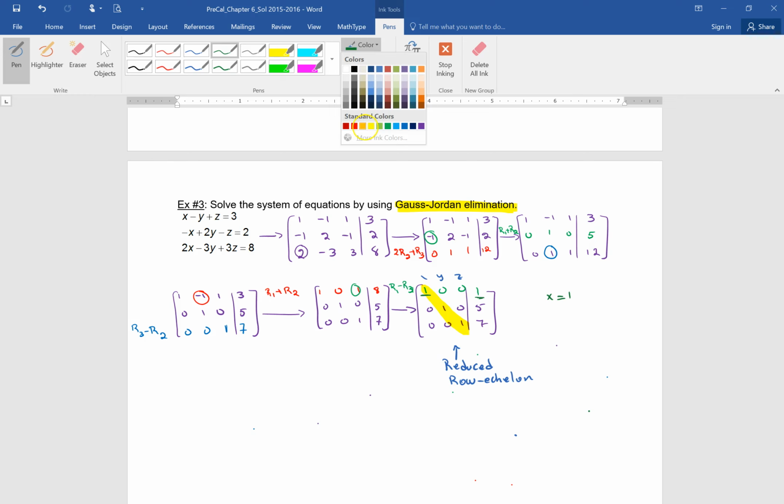Yes? Y is equal to what? 5. And what's Z equal to? 7. And of course, your answer has to be in coordinate form, so it's 1, 5, 7.